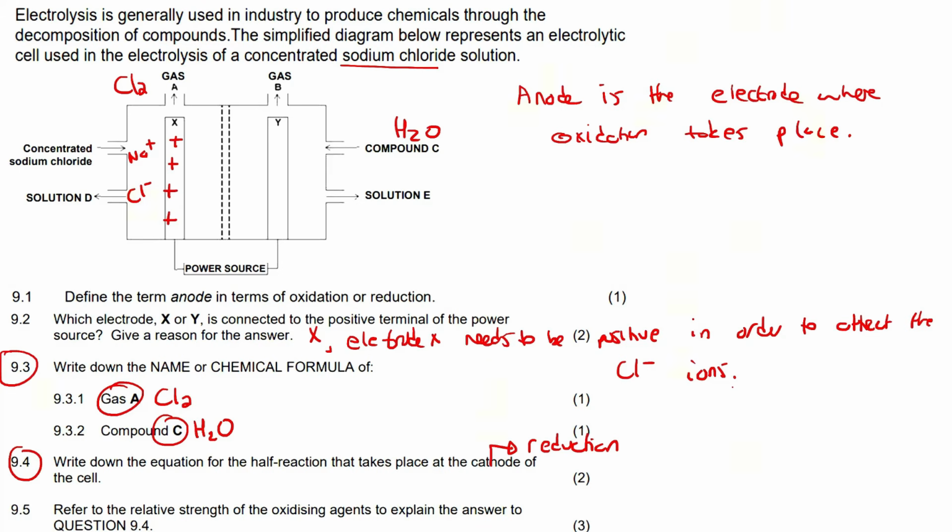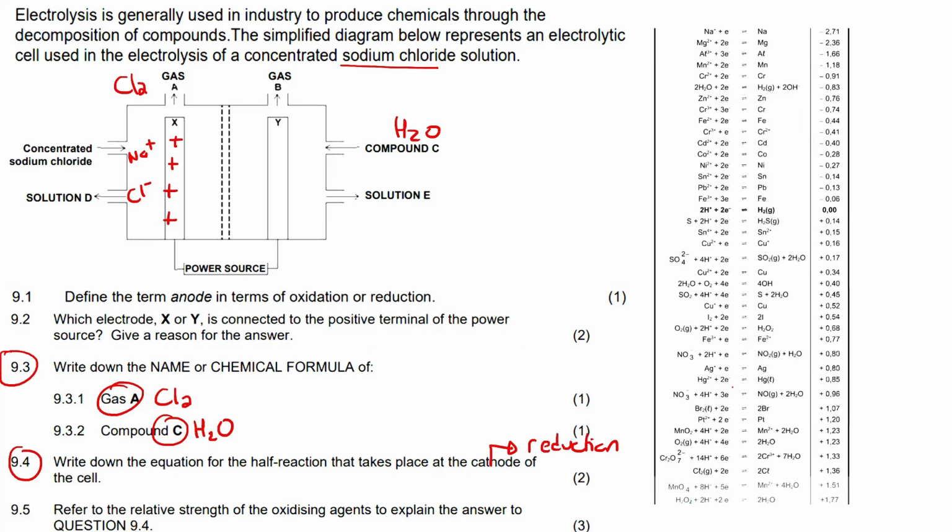So that's the one we want to write down. And so from that slide on the next page where I explained all of it, it was this reaction over here. So that is a reduction reaction. So we can just write that down. 2H2O plus 2 electrons gives us H2 plus 2OH minus. Okay, just want to make sure, write down the equation. That's all we need to do.